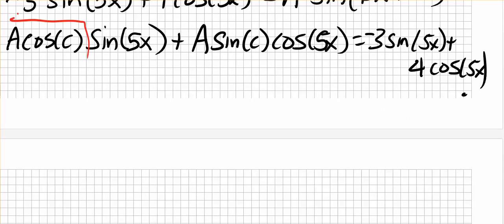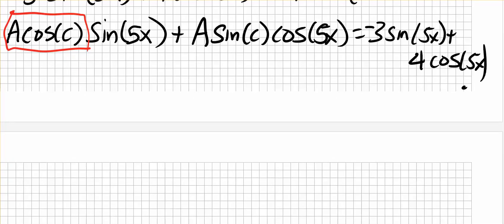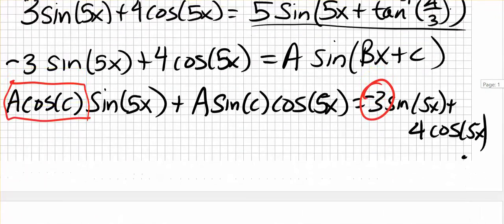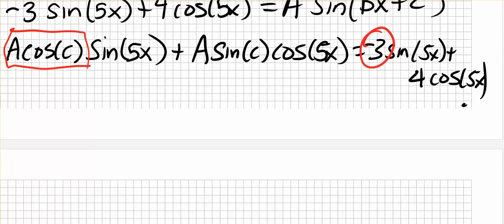So a cosine c needs to equal negative 3. And a sine c needs to equal 4.